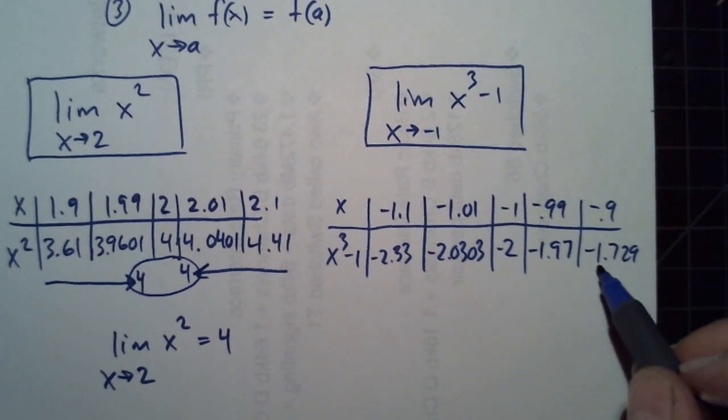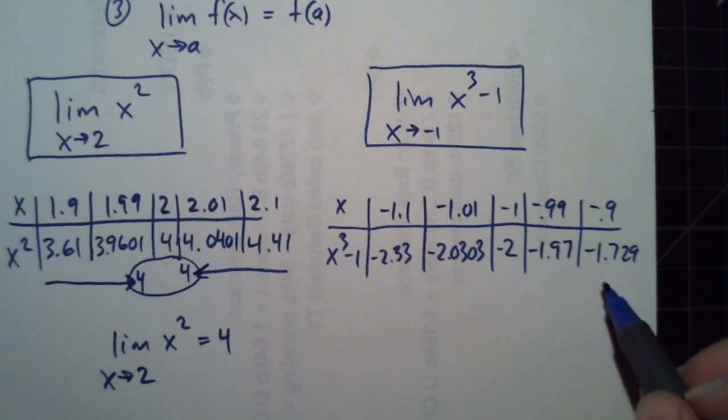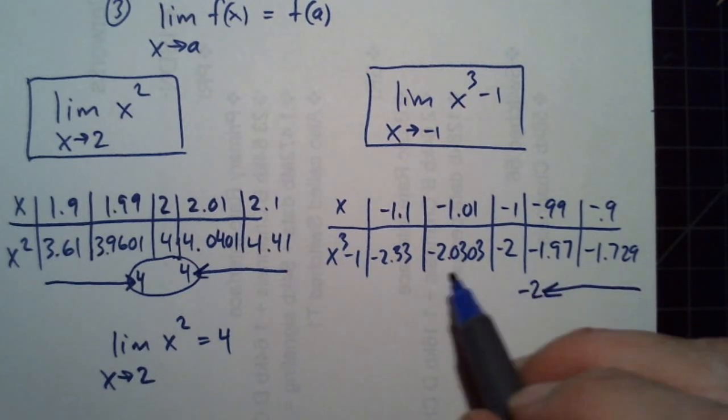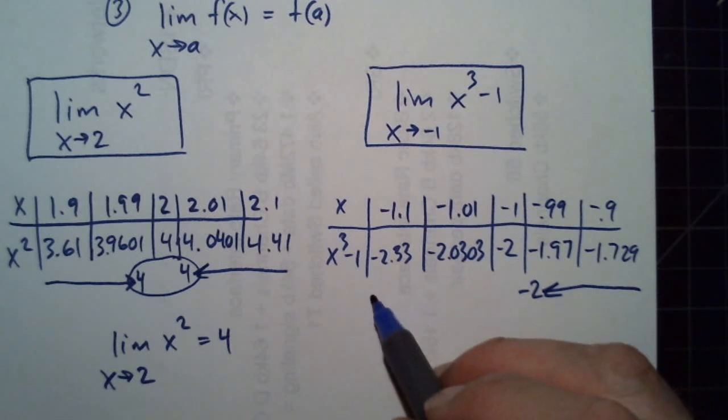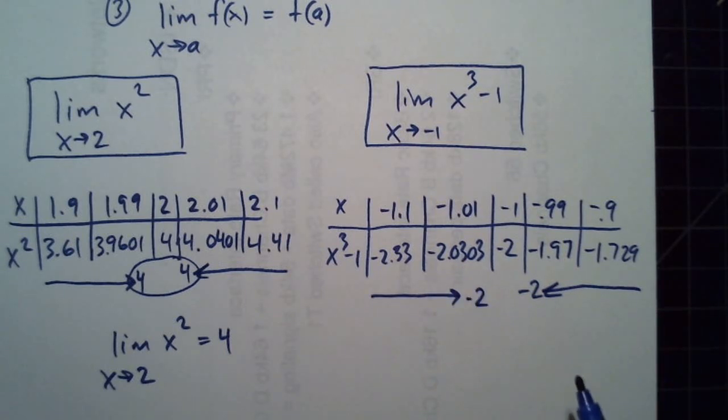And we just look at -1.7, -1.97. Looks like these are getting close to -2. -2.3, -2.03. Those are getting close to -2.